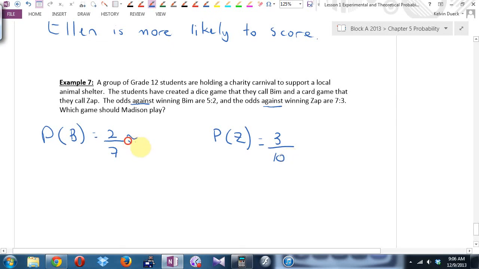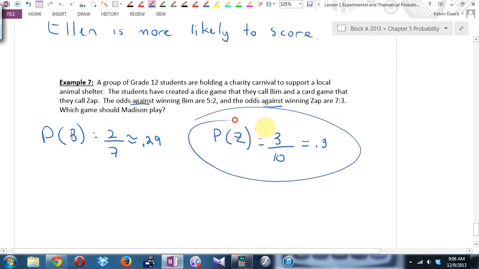So 2 out of 7 is approximately 0.29? 3 out of 10 is 0.3. Which game would I play? Barely. Those are close enough that if BIM was funner, I'd probably swallow that 0.01 difference and play the funner game, even though technically the odds of winning the other game are slightly more in my favor. I'm going to have more fun here.